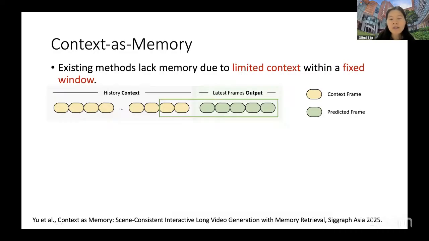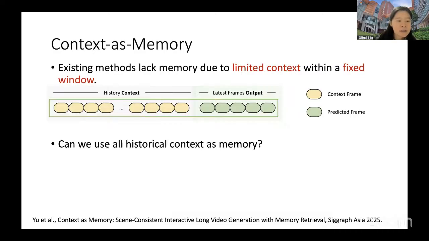However, because of the limited context window, the model is not able to memorize what it has generated long ago. And this is a cause of the memory problem in current video generation models. So a straightforward thought is, can we use all historical context as memory?